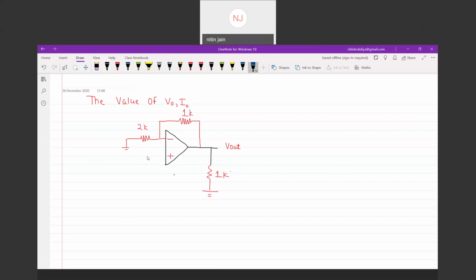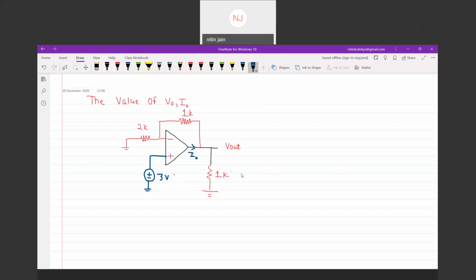This source is having a value of 3 volt. This is the value of current IO which we are interested in.